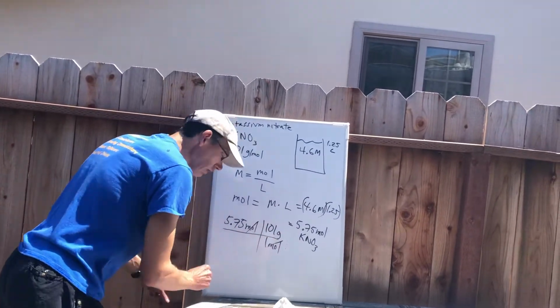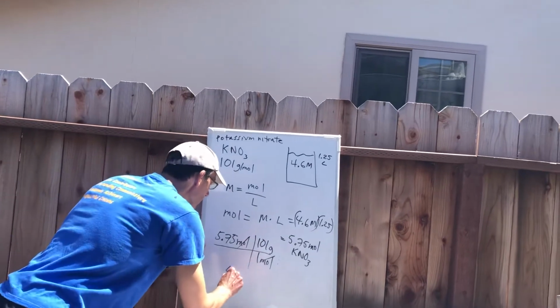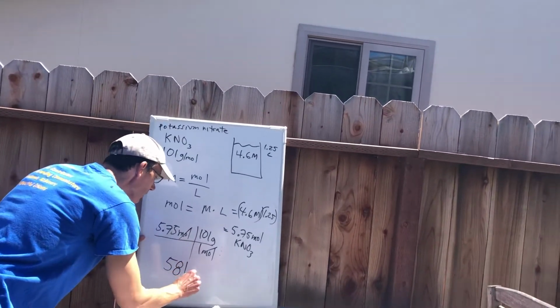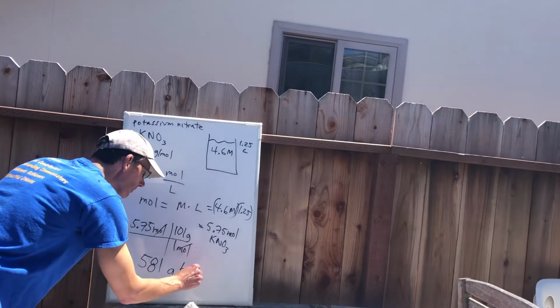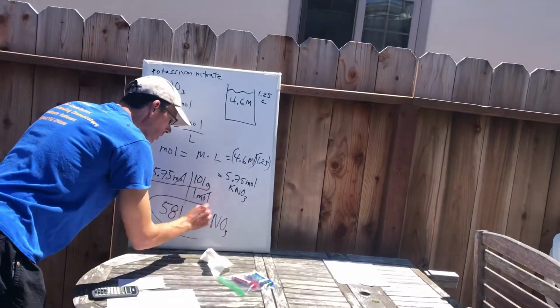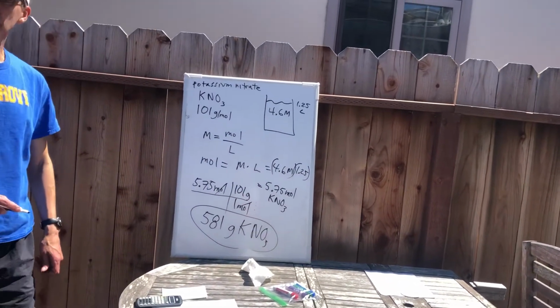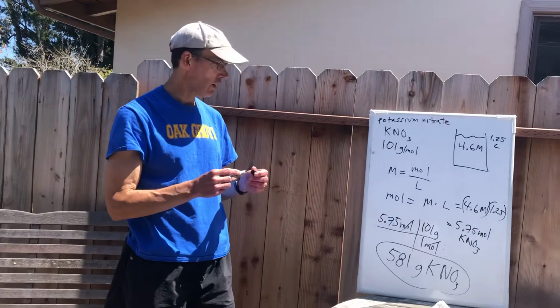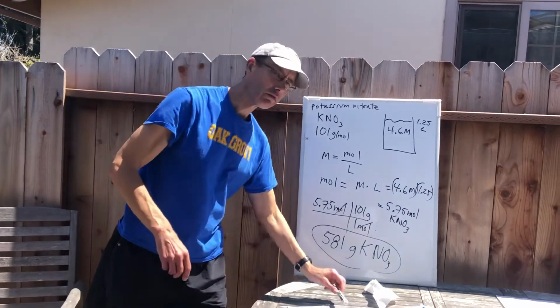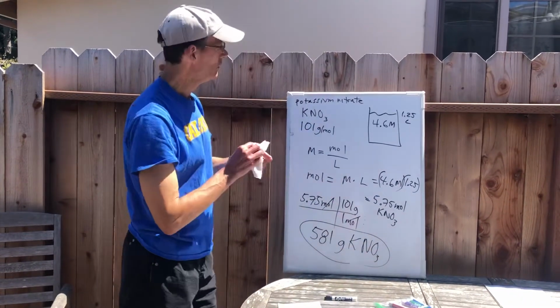Moles cancel, and you end up with 581 grams of KNO3. Seems like a lot, and it is. So that's the answer for that one. I would ask if you had any questions, but you don't.